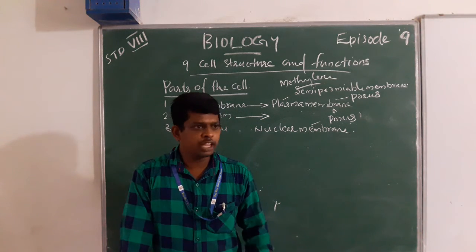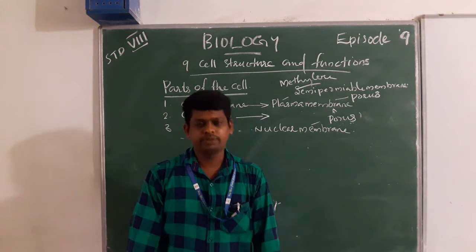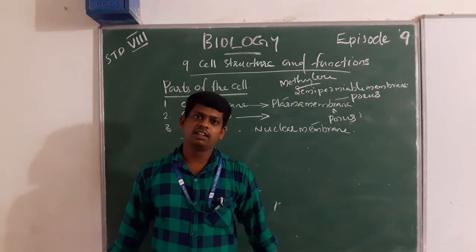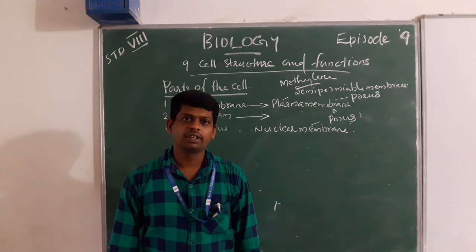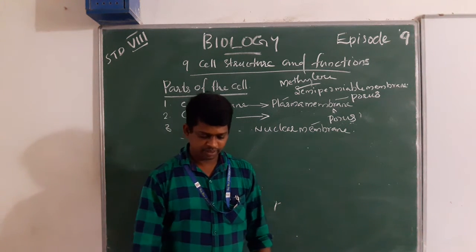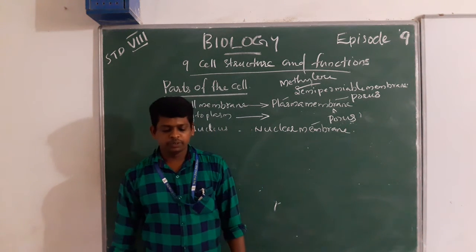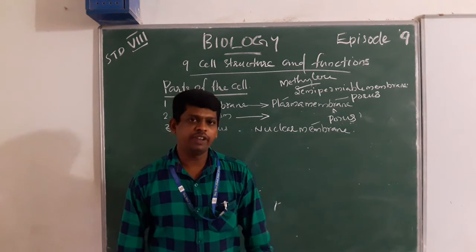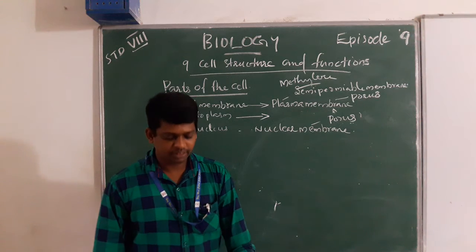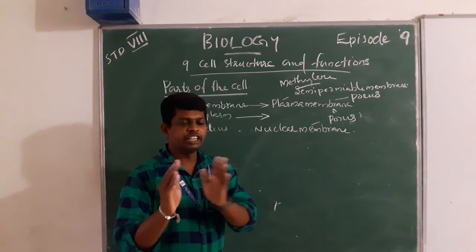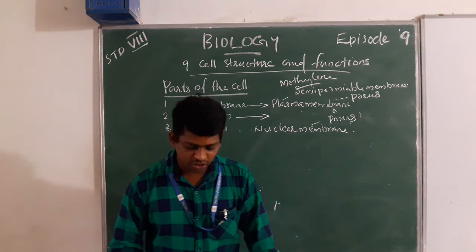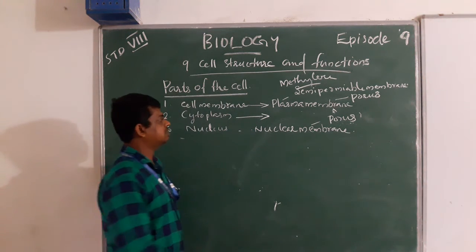Using a powerful microscope, we can see at the central side the smaller spherical cell organelle. That is the nucleus. Observing in detail, within the nucleus we can see a spherical structure, known as the nucleolus.